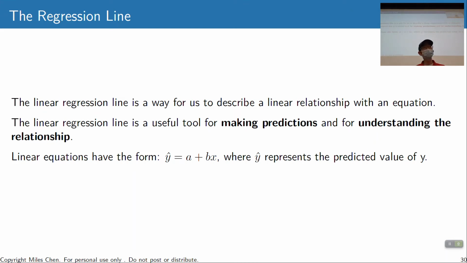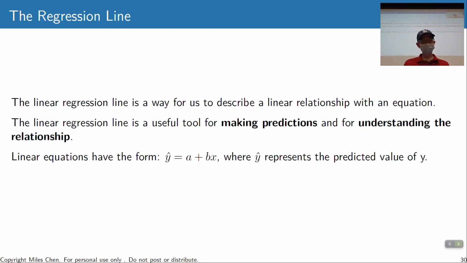So linear regression is the way we're going to quantify the relationships and create the equation of a straight line. Okay, so we're going to describe a linear relationship with the equation of a straight line, and it's useful if we want to make predictions, and it's also helpful in understanding the relationship between x and y.